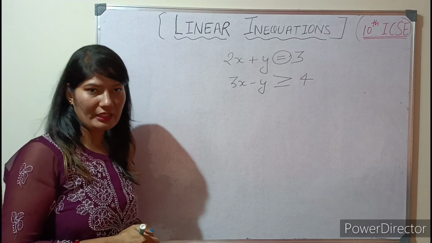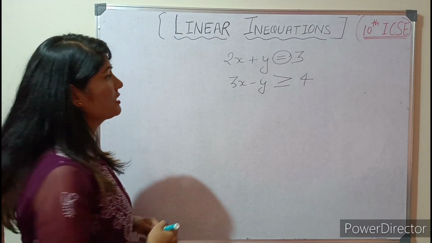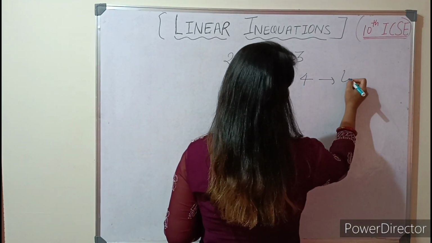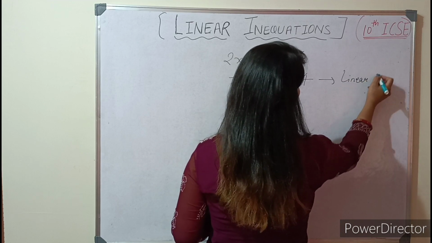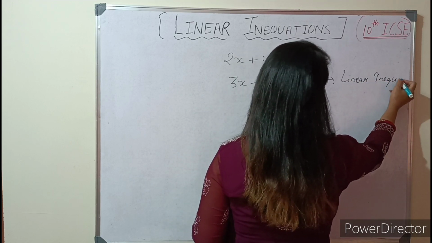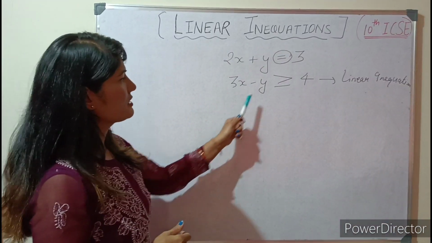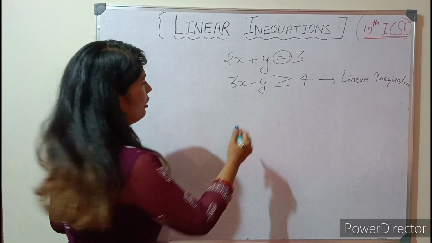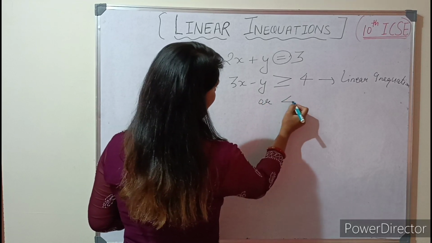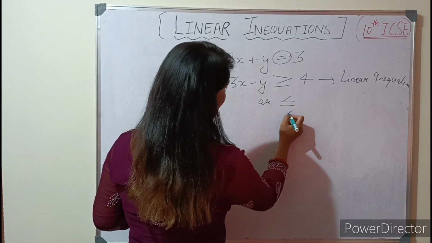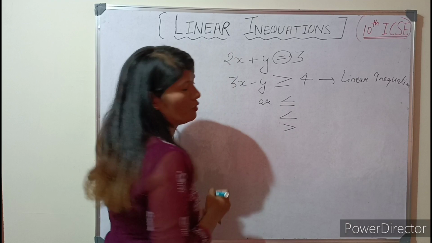so now in this case this equation is known as linear inequations. This is known as linear inequation because here the sign is greater or equals to, or in place of this we can write the sign in this way, or simply greater than or smaller than.